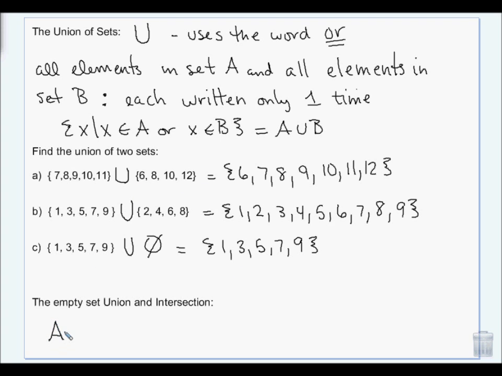So just to recap, if you intersect with the empty set, you get the empty set. If you unite with the empty set, you basically just get yourself back. So this is sort of like multiplying by 0, and this is sort of like adding 0.